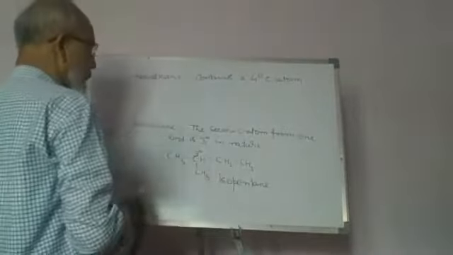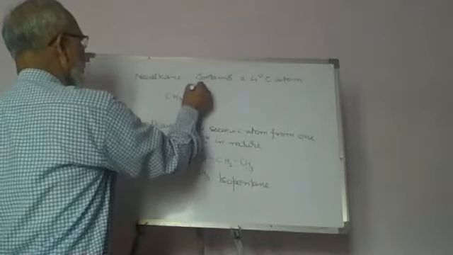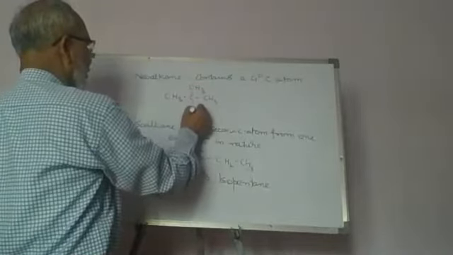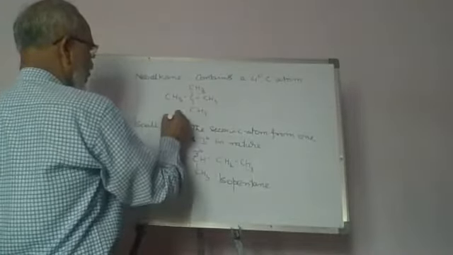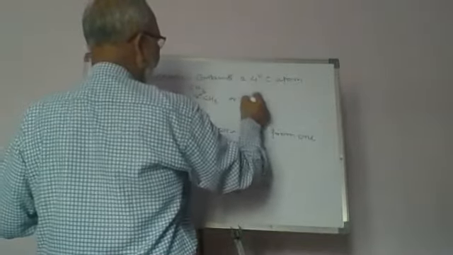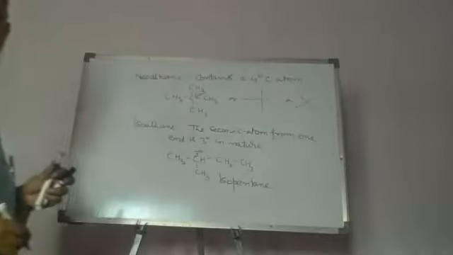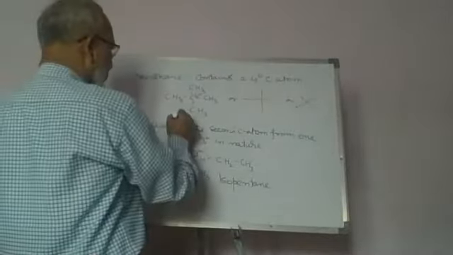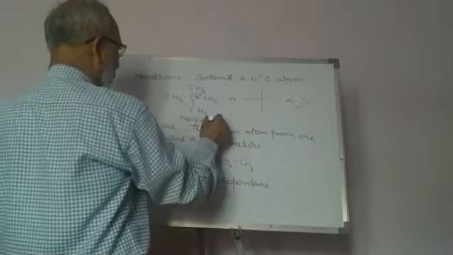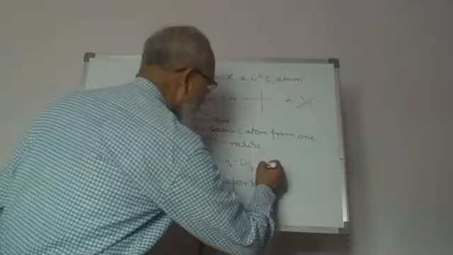As for example, CH3, C, CH3, CH3, CH3. This is your quaternary carbon atom. In bond line notation, this can be represented like this or like this also. This is your neopentane. This isopentane in bond line notation can be represented like this.